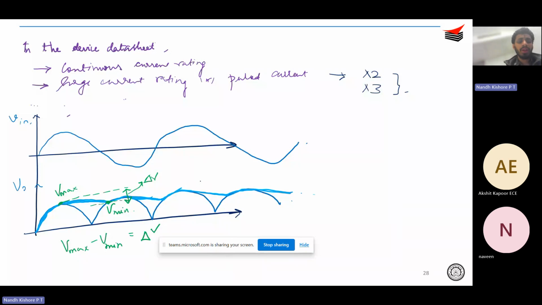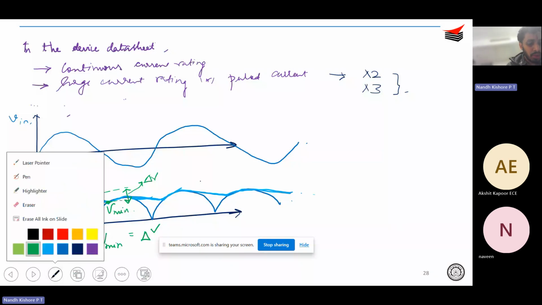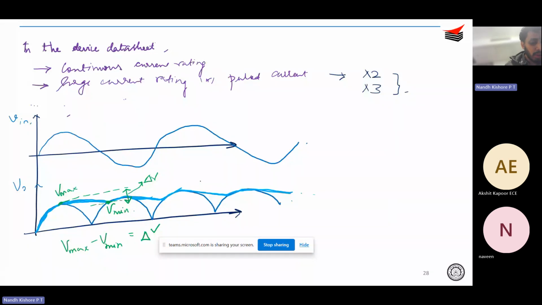Okay. Now, just to charge up this capacitor, for the voltage to rise from 0 towards the peak value, obviously the capacitor will draw current.